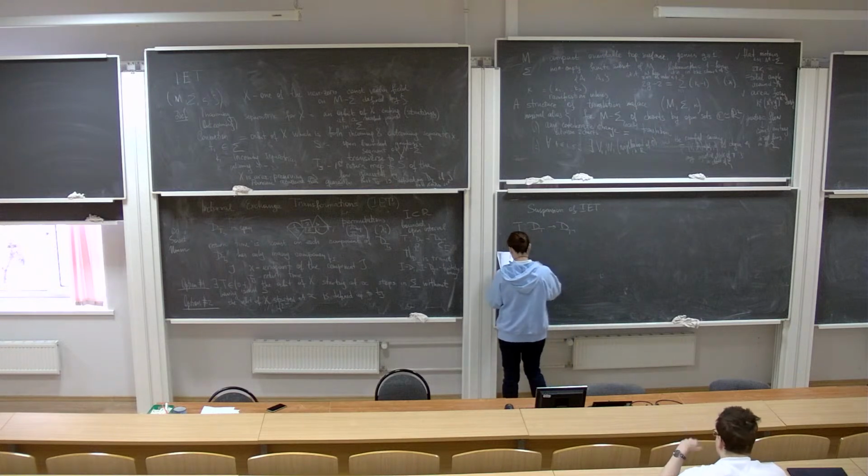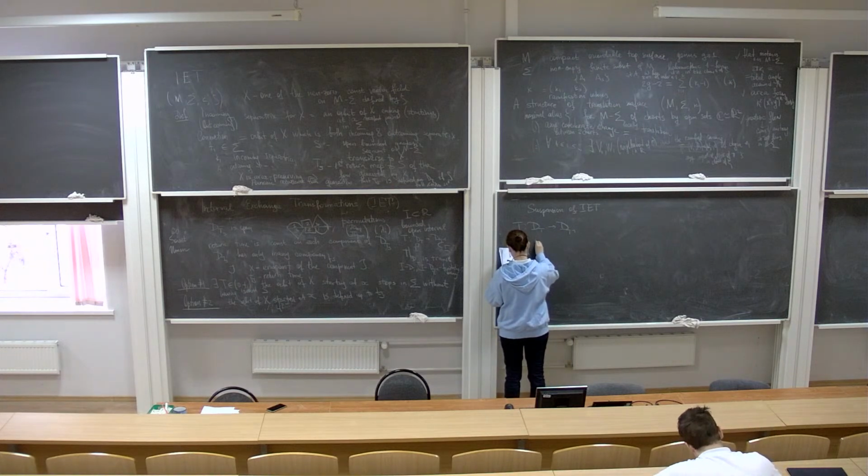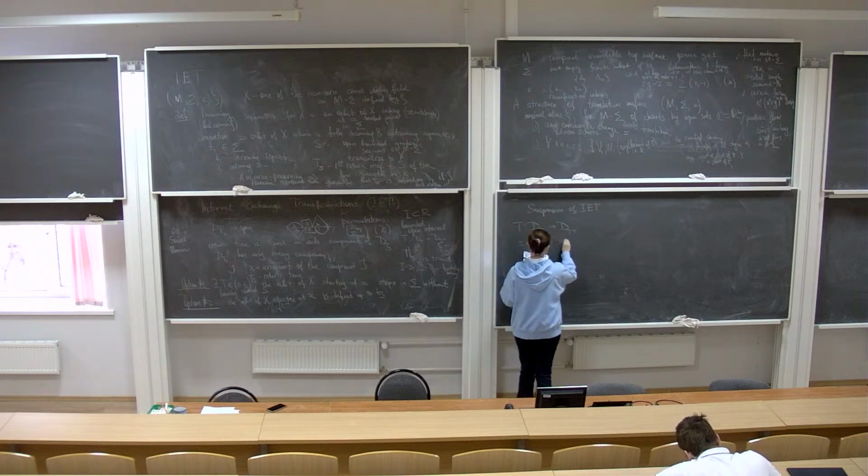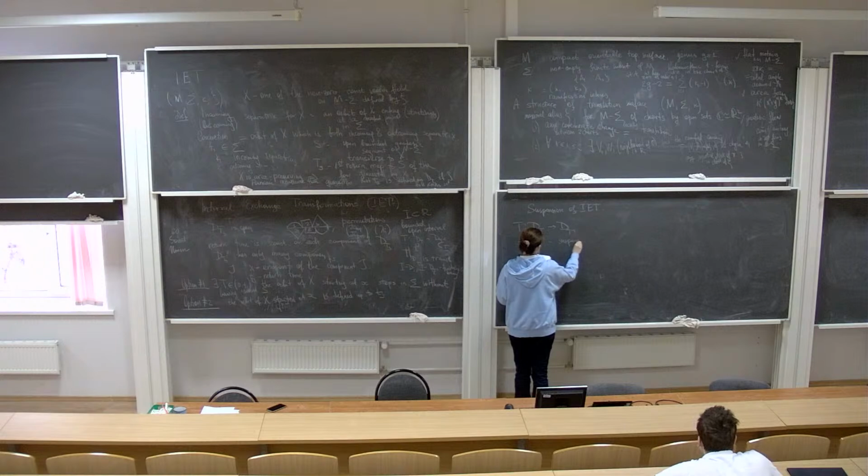And we take tau. And we say that it's a suspension vector if a few requirements are satisfied. So it's a definition.